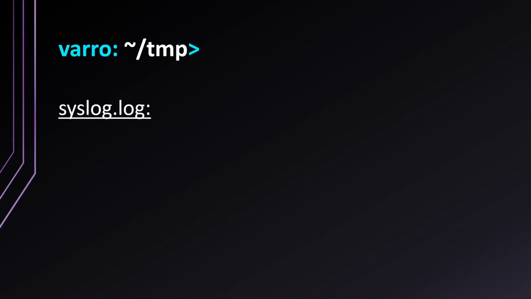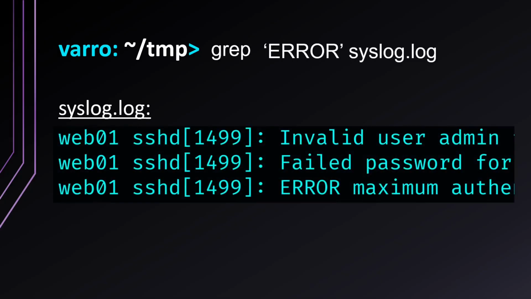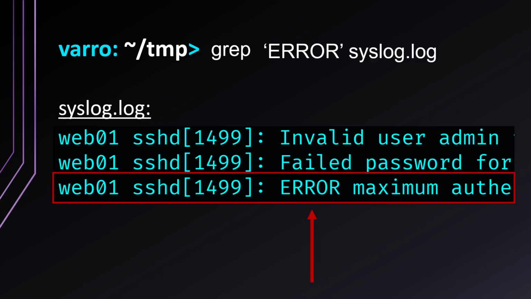Now, if I just type grep error syslog.log, grep will go into the syslog.log file and find the pattern error and return the line that contains the character pattern error. This is very standard grep behavior.